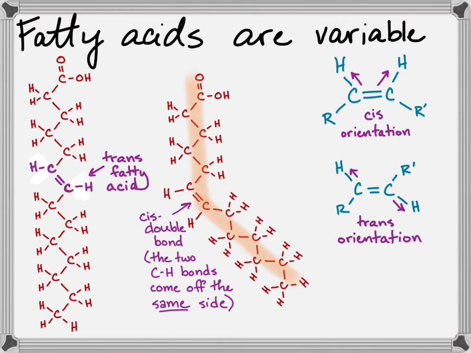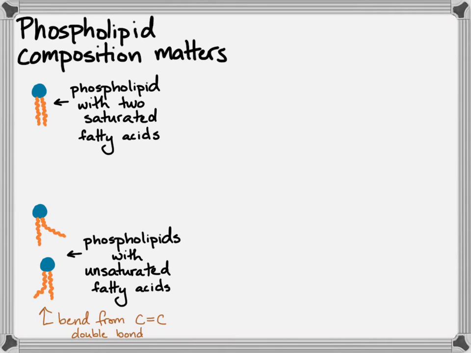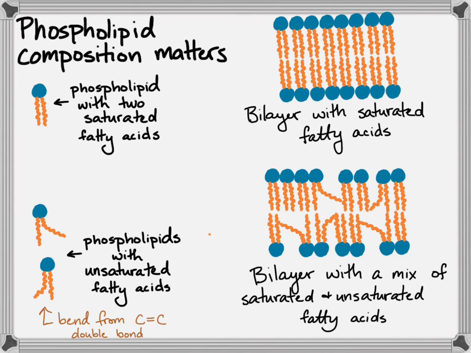All of these differences allow for differences in the fluidity of a cell membrane made from phospholipids that are mostly saturated or somewhat unsaturated. So let's take a look at this. Here are some phospholipids with different kinds of fatty acids. And we take these phospholipids and we build them into bilayers.